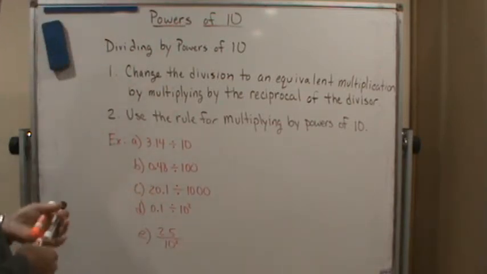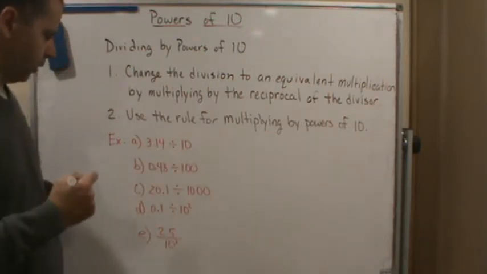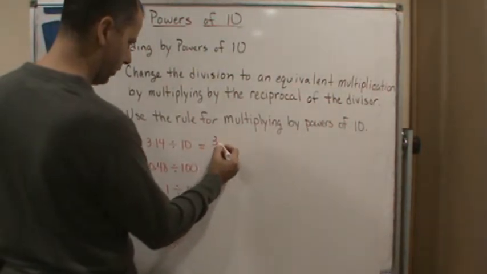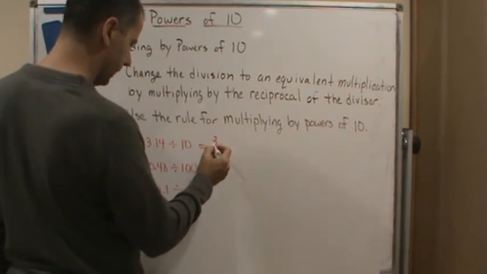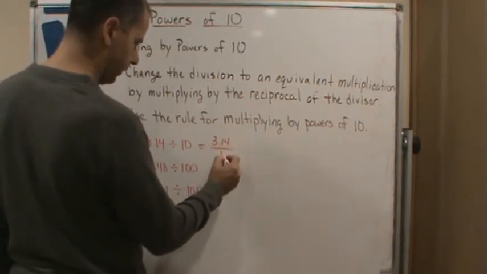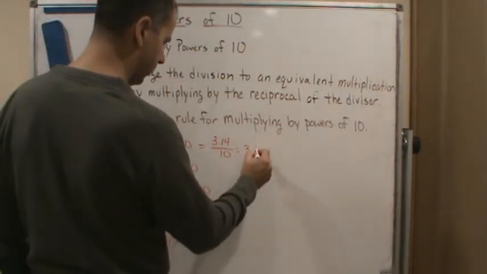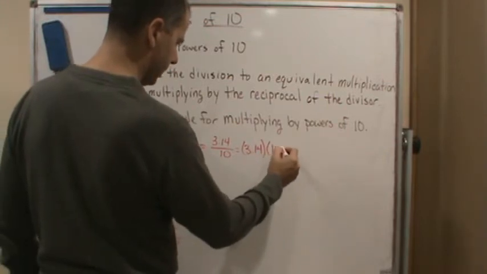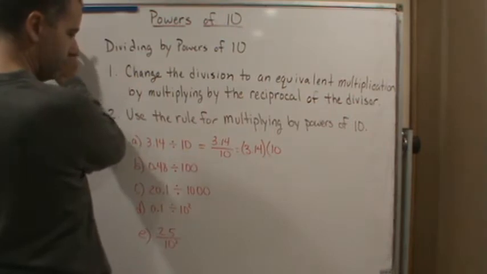So let's say we have 3.14 divided by 10. Well, we can write this as 3.14 times 1/10.